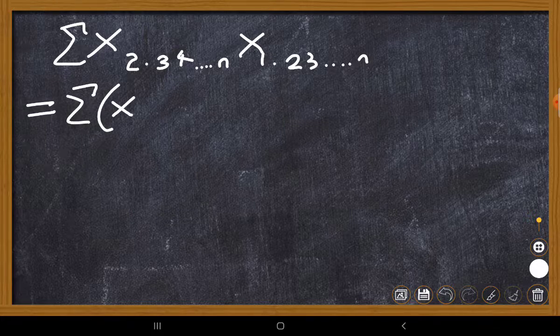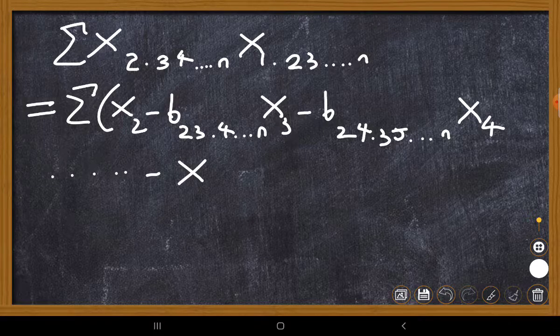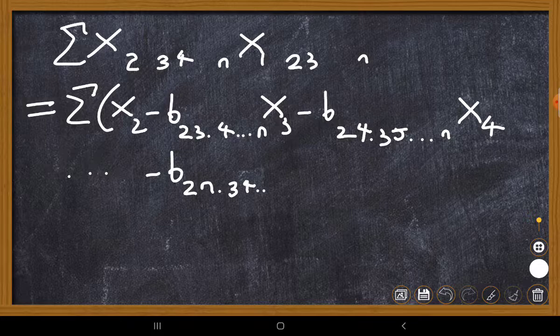This will be x2 minus b23.4 up to n x3, minus b24.35 up to n x4, and so on till minus b2n.34 up to n minus 1 xn.